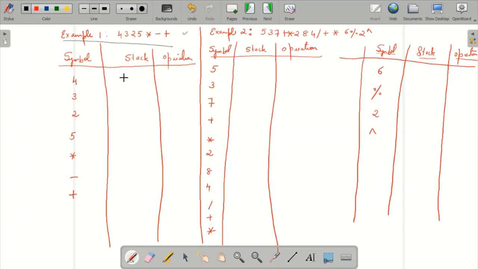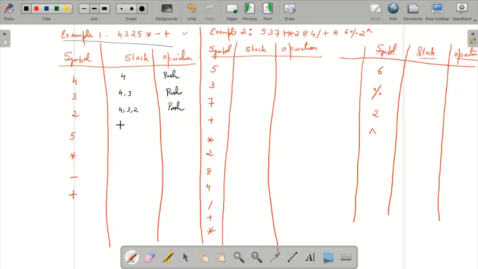So let us solve this particular problem. So here symbol is 4, so we are directly pushing onto the stack. Operation is push. Again 3, then it is 4, 3. Operation is again push. 2, again we are pushing 4, 3, 2. Whatever is there, we are keeping as it is.